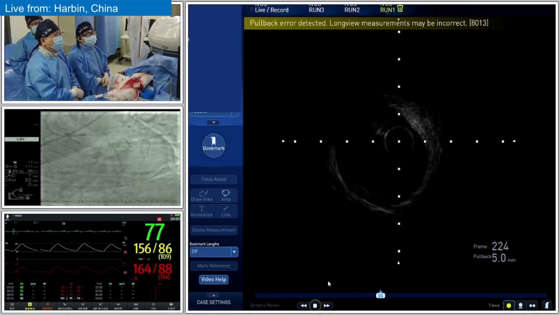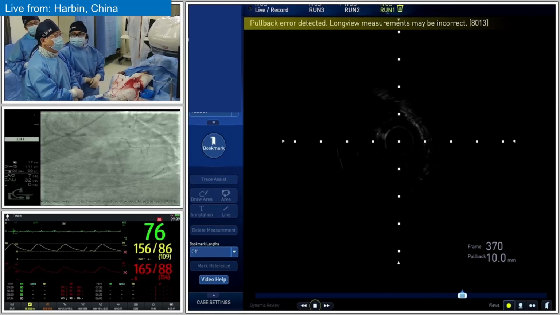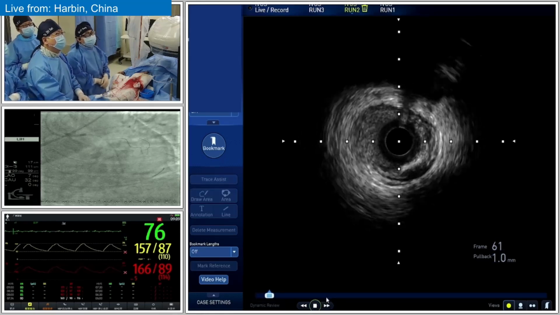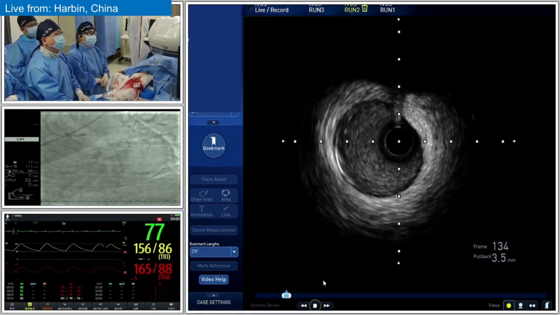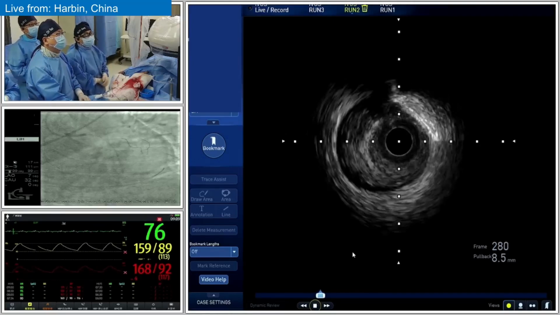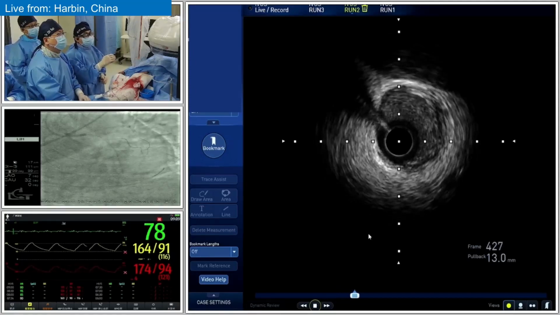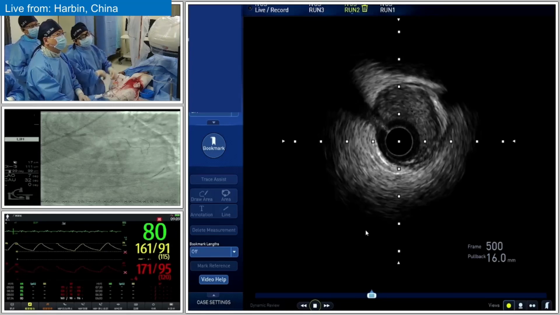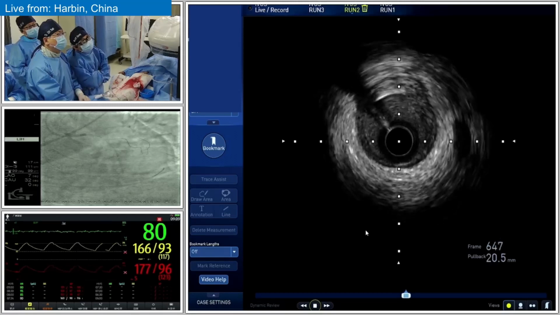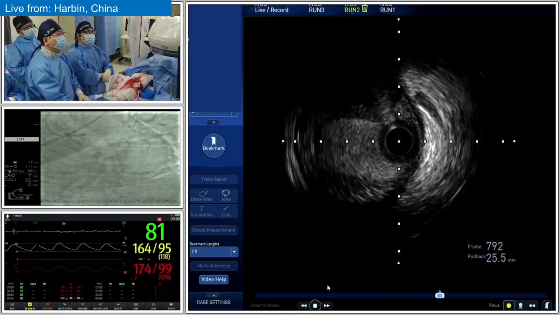Maybe we can see the IVUS image first. From this image we can see this is the OM lumen, and from distal to proximal, here comes the circumflex.